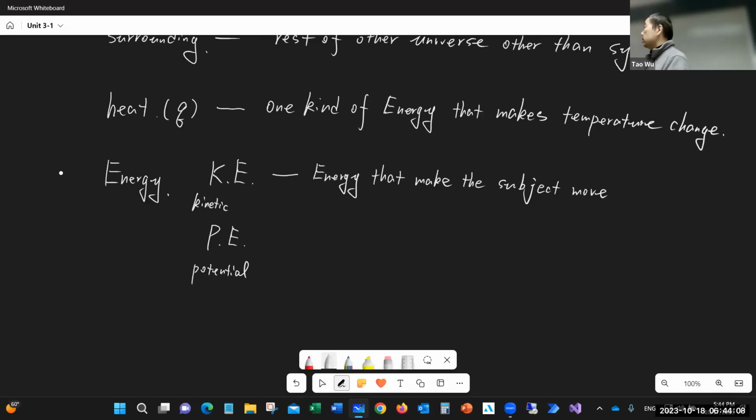Potential energy is energy that is stored inside of the object.